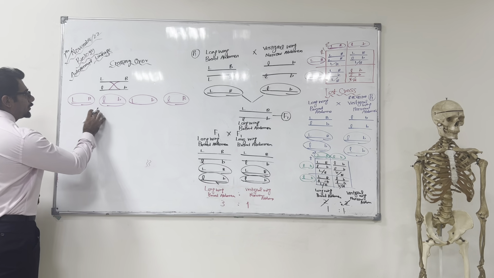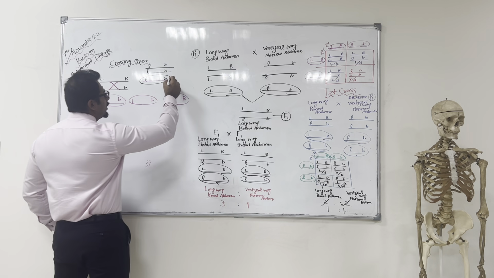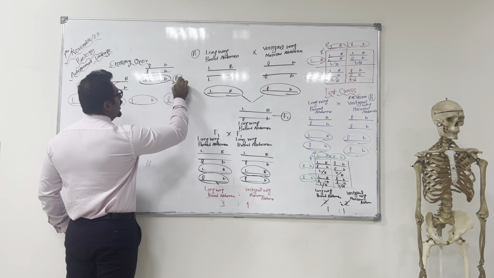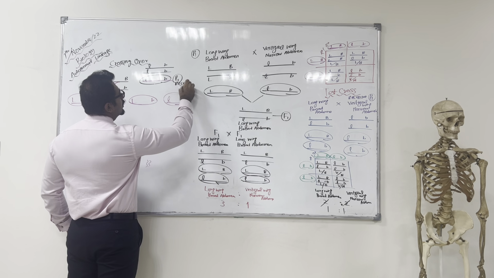Instead of writing all of them, I write both chromosomes first: small l, small b, small l, small b. Now I am writing one small l, one small b, this is one gamete. This is the recessive parent's gamete.